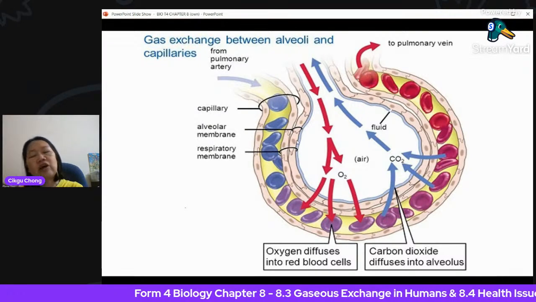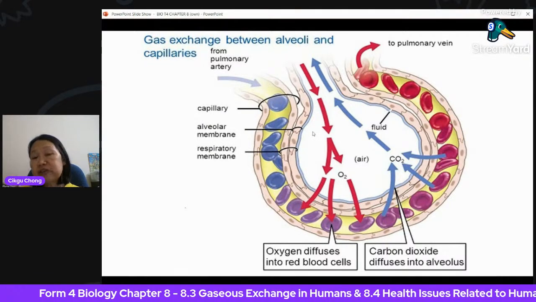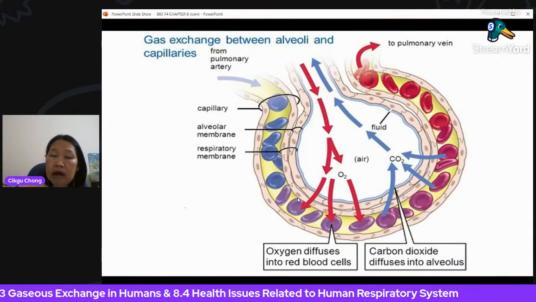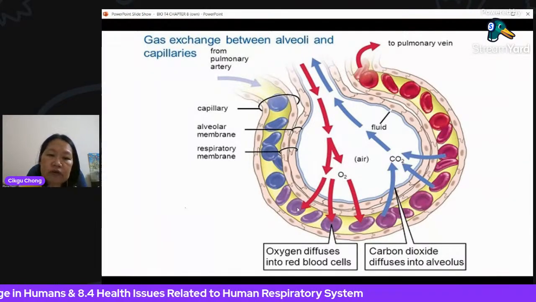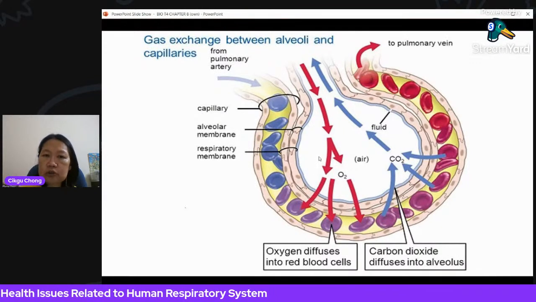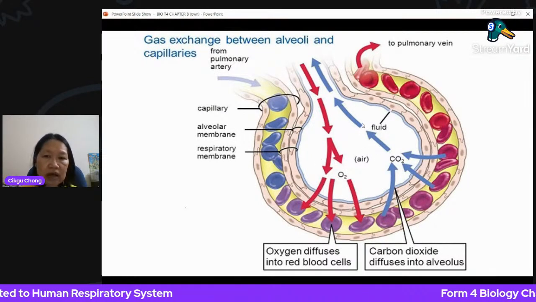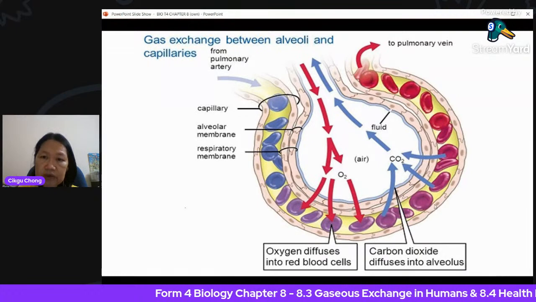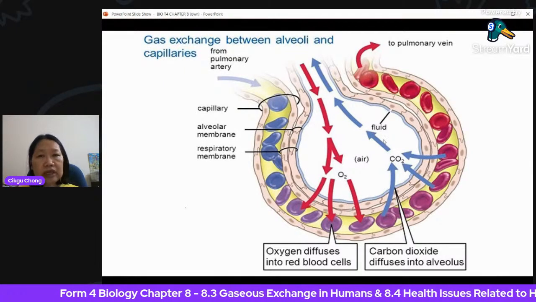Why does the diffusion of oxygen occur from the alveolus into the capillaries and not the other way around? Why doesn't oxygen diffuse from the capillaries into the alveolus? And at the same time, why does carbon dioxide diffuse from the blood capillary into the alveolus and not the other way around?